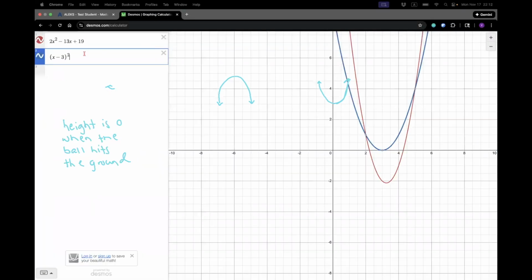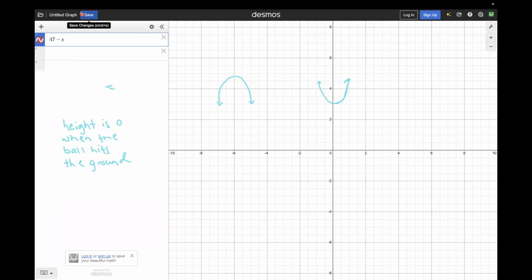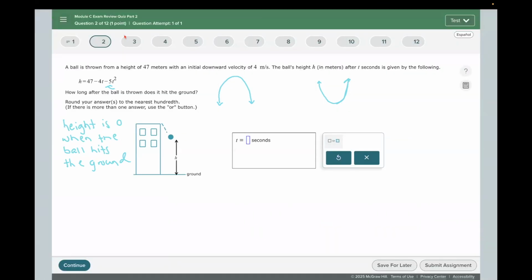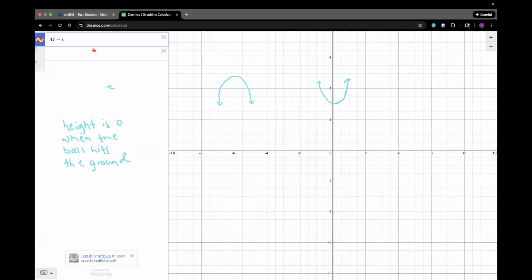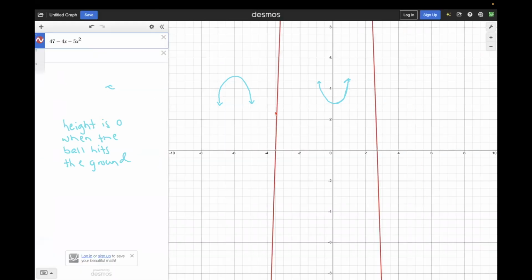So we have 47 minus 4x minus 5x squared. All right, so you can see one of the values of t is negative, so we don't want that. And the other one, let's see, did I write this incorrectly? Let's see, what is this as a fraction?